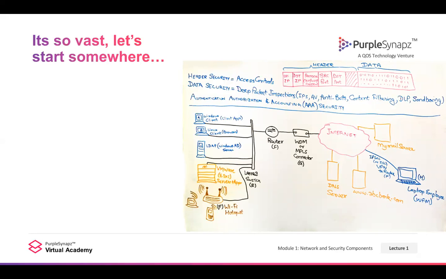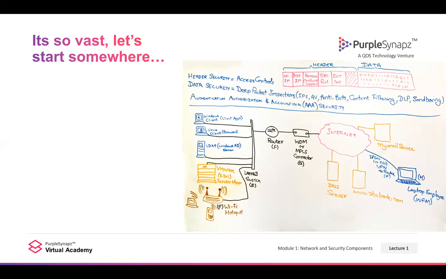Header security typically classifies itself as access controls, and data security in this context is called deep packet inspection. Apart from that, all these devices, like a router, a Wi-Fi hotspot, a VMware, or an LDAP server, will have administrators who manage them.